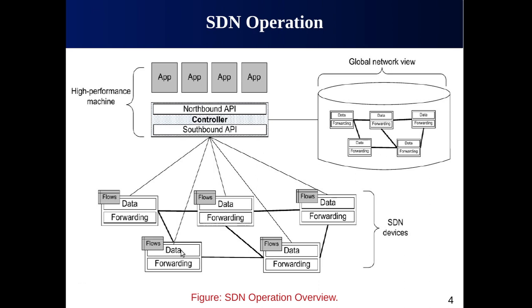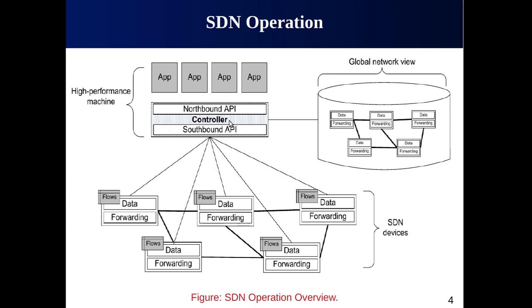We also have flow tables which have different entries, and each incoming flow is compared with the entries in the table. If a match is found, the flow is forwarded. If a match is not found, then other actions are taken. And then these flows are received from the controller, and the controller provides a global view of the network.